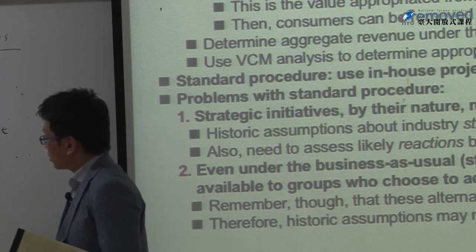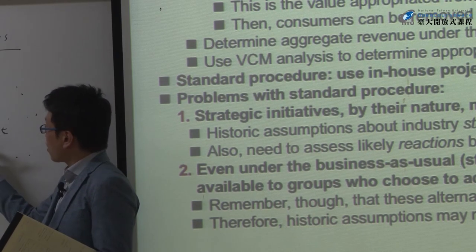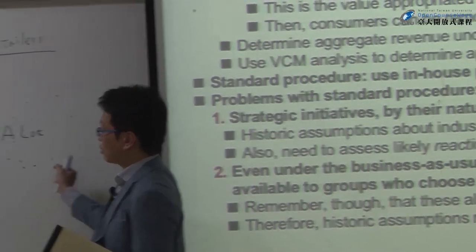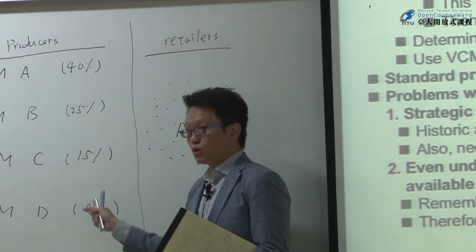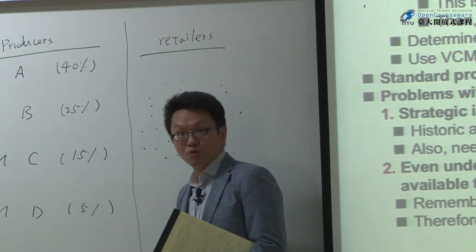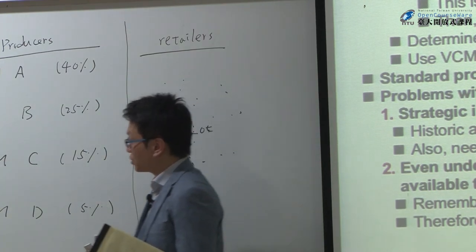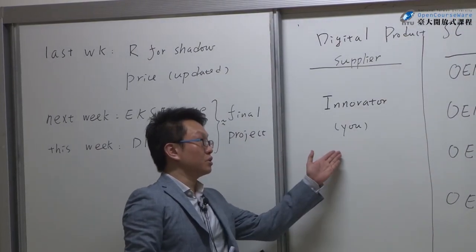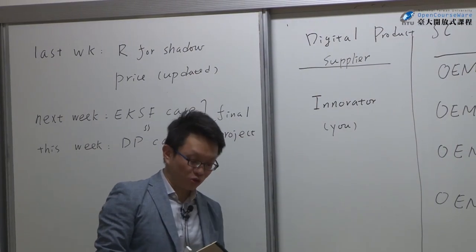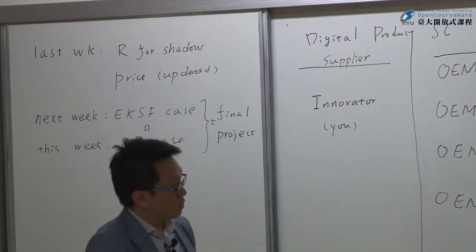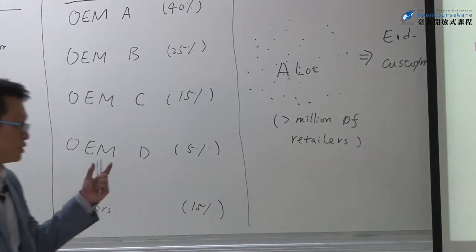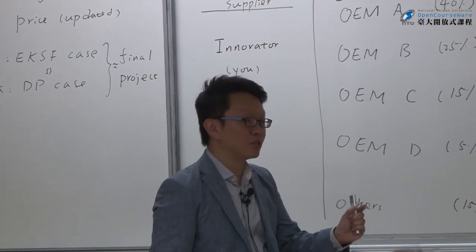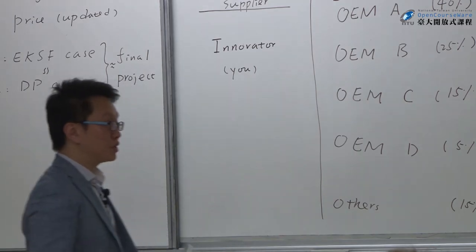And all these manufacturers sell the product through retailers to final customers. So there are a lot of branches and local stores to sell products from these big 4 manufacturers. And now you want to see whether these OEM producers want to use your component innovation in their digital product. So that's our case. And your innovation for this digital product covers just a very small percentage of the components used in the product.